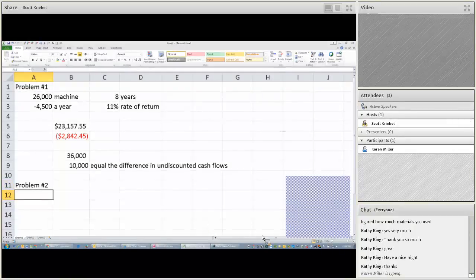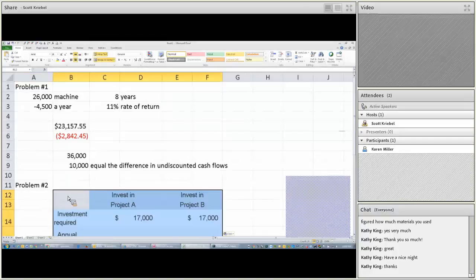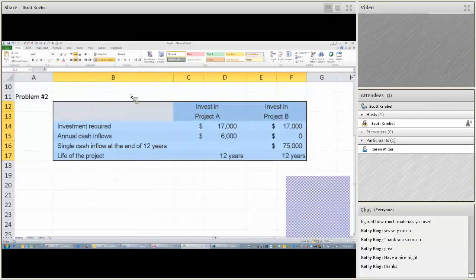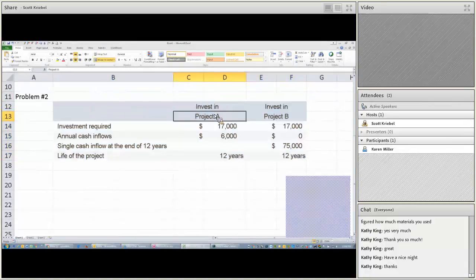Okay, so the Sharp company has $17,000 to invest, and the company is trying to decide between 2 alternative uses of the funds. So they both require $17,000. They've got project A and project B. Actually, I'm just going to go ahead and copy this. Okay. So we've got this information already in Excel.